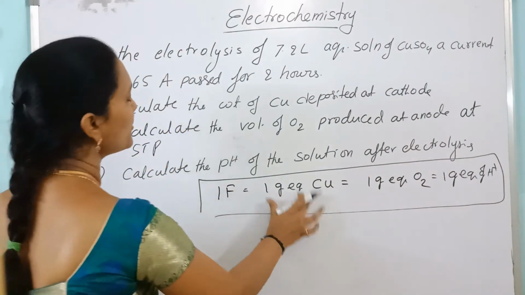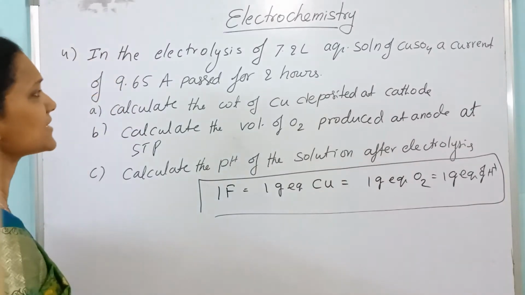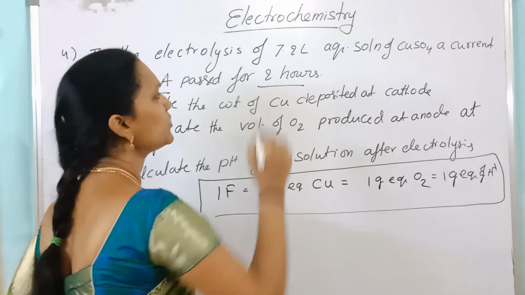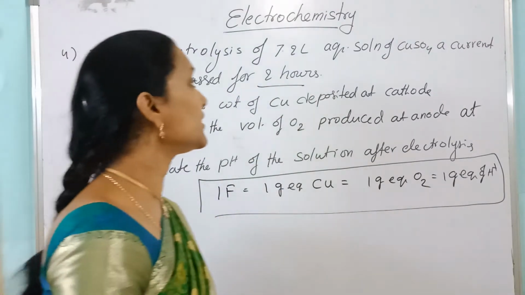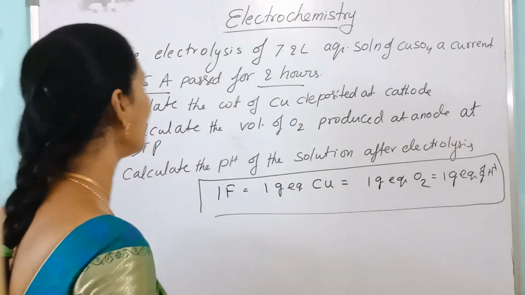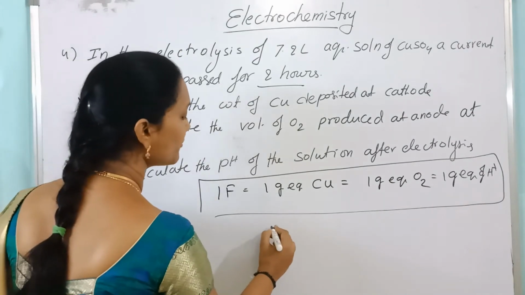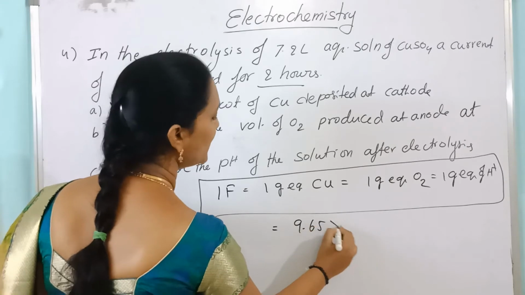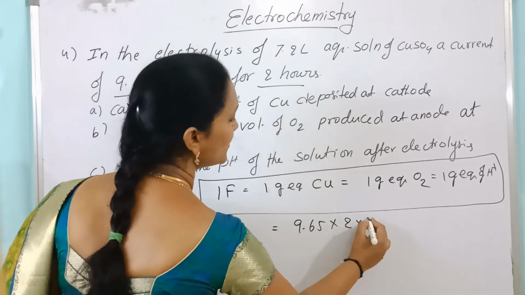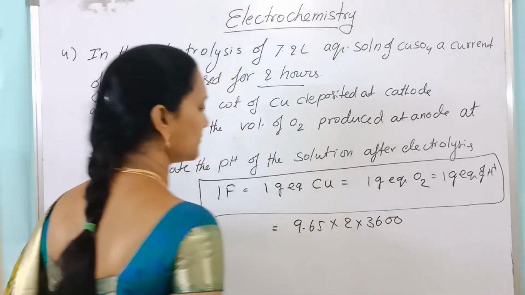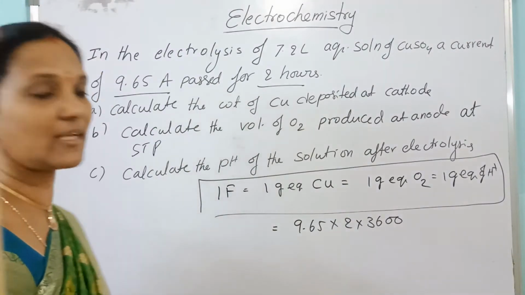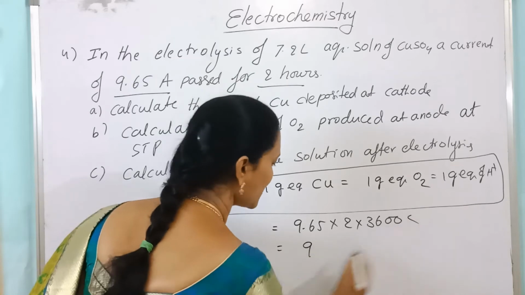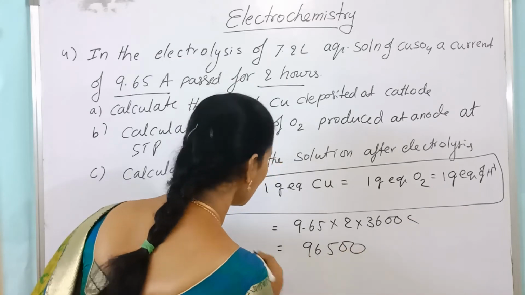Now 1 Faraday produces this. Now how many Faradays are given? See this: I is 9.65, time is 2 hours, nothing but 2 into 3600 seconds. How many Faradays do we have to find? I value 9.65 into 2 into 3600, this is the quantity of electricity passed. Now 96,500 coulombs is 1 Faraday.